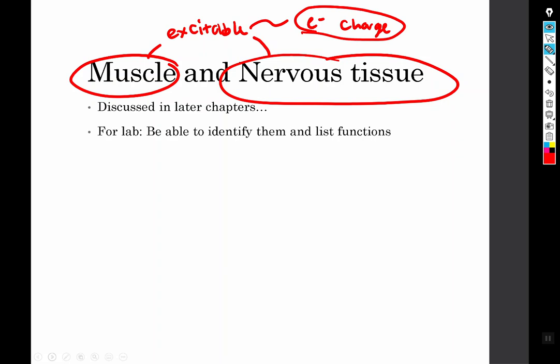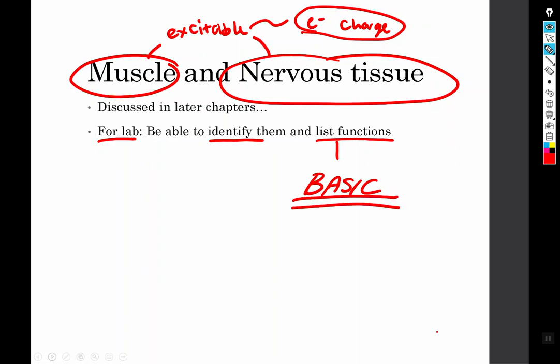So for lab, you have to be able to identify them and then list basic functions. But I want to stress, and I'm going to try and write in italics, even though I realize now that I've started doing that it's not as easy as it seems, basic functions, not complex.